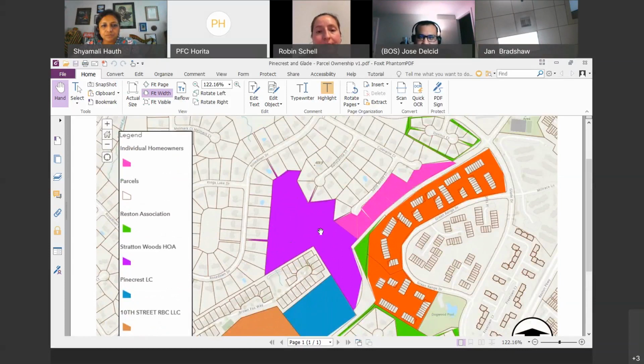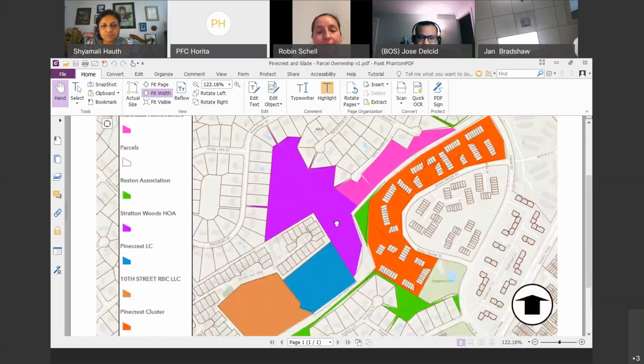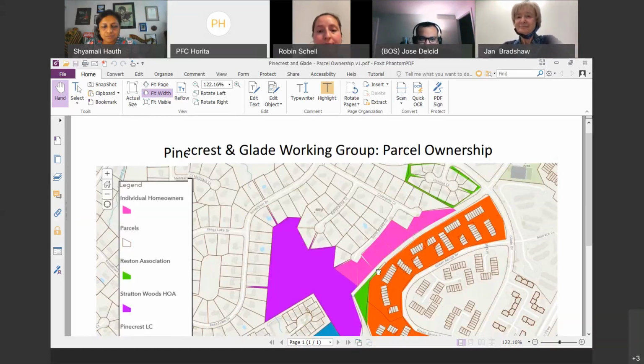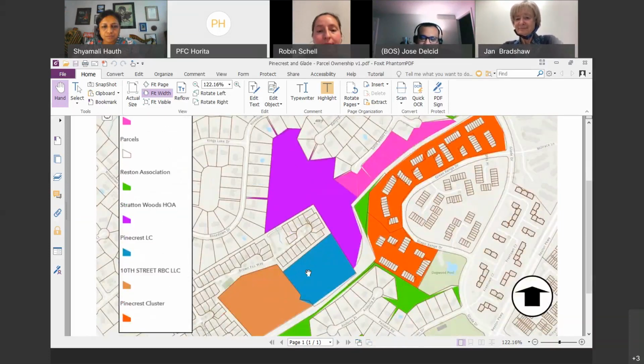Stratton Woods HOA owns this purple. The pink are individual homeowners that have property right adjacent to the right of way. Orange is the Pinecrest cluster, and this faded orange is where Idea Ventions is, and there's also another parcel over here with another office park type thing.